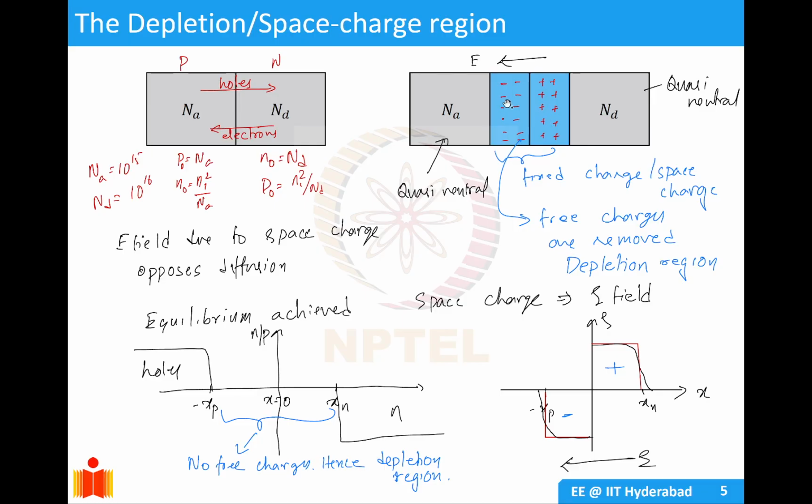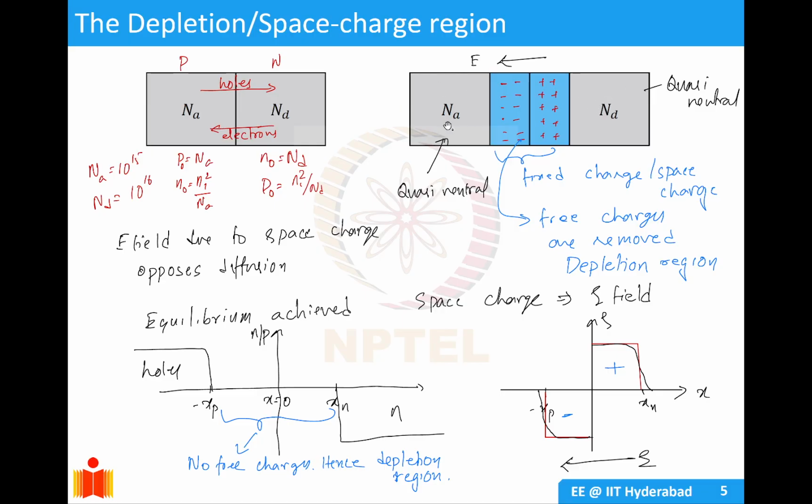because due to these excess charges, the majority carriers are depleted in this region. Away from the depletion region, your Na and Nd are the same, so they are called quasi neutral.